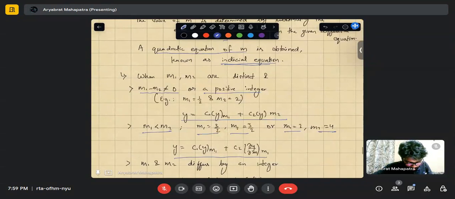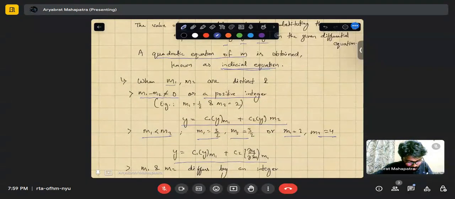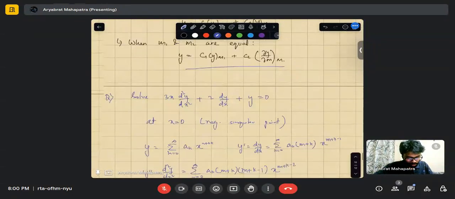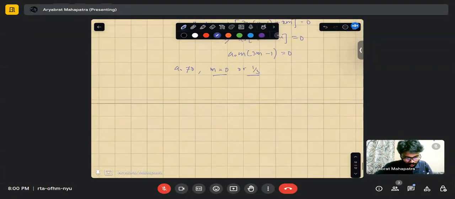So you get two different values m1 and m2, and your final value would be something of this form, a final solution of the differential equation. So I can just quickly tell you what this will be after all.